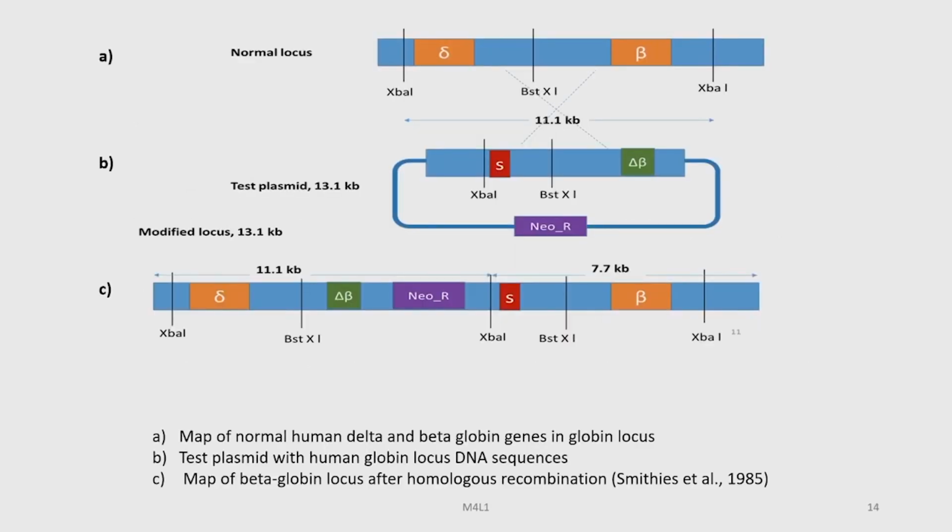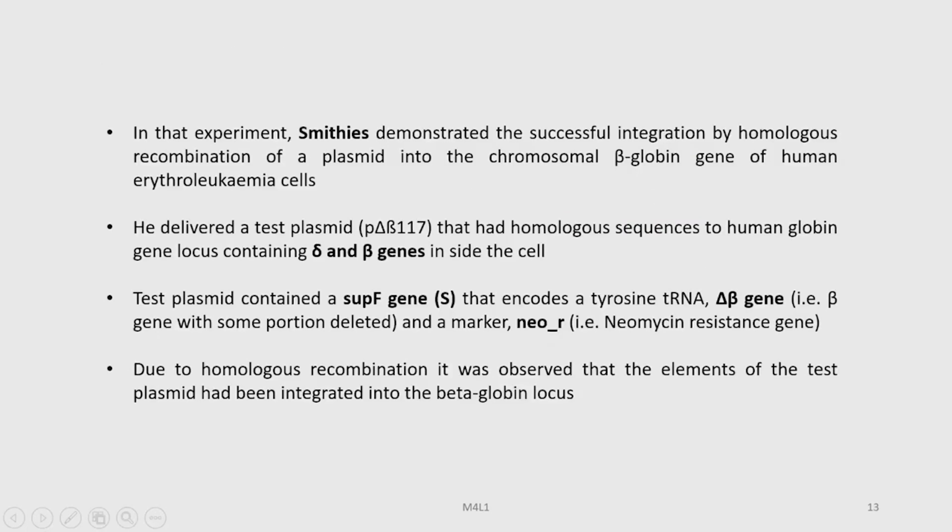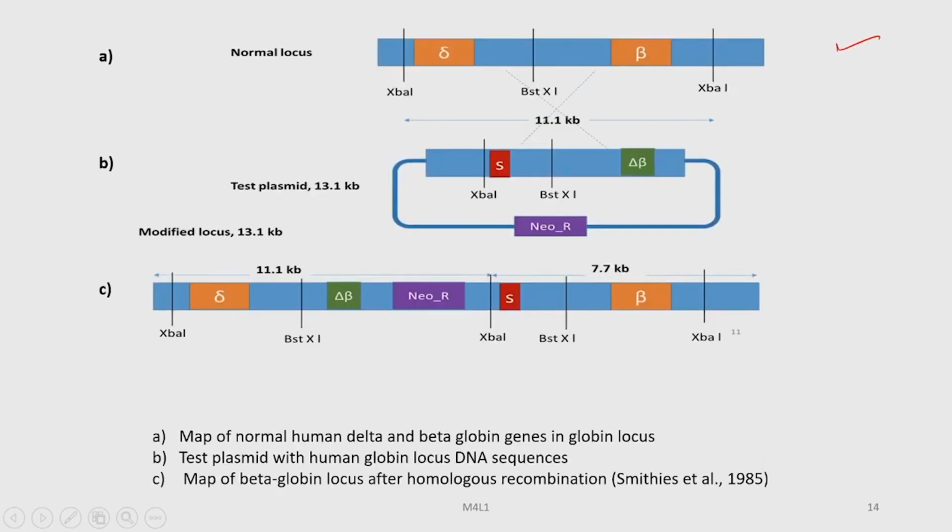locus. Then you can see here a map of normal human delta and beta globin genes in the globin locus, and in B you can see the test plasmid with human globin locus DNA sequences, and you can see here the delta beta, which has some kind of deletion, and the supF gene over here.